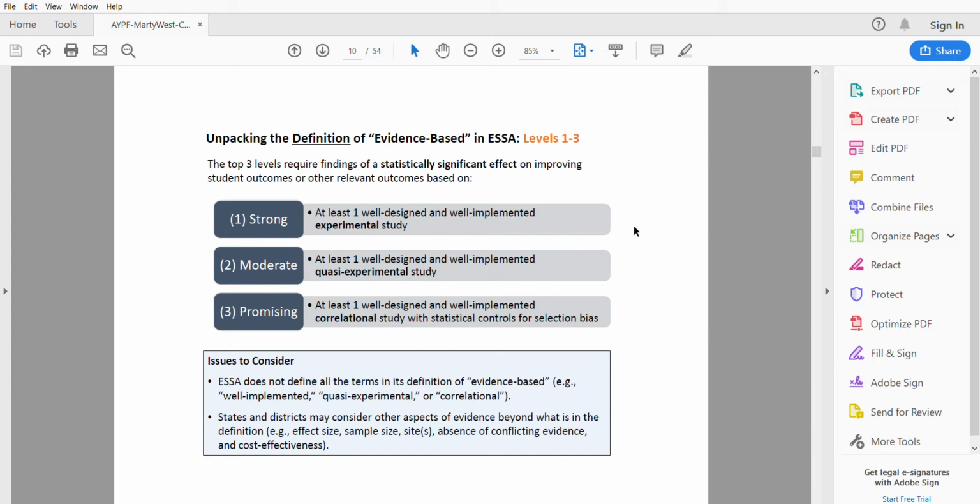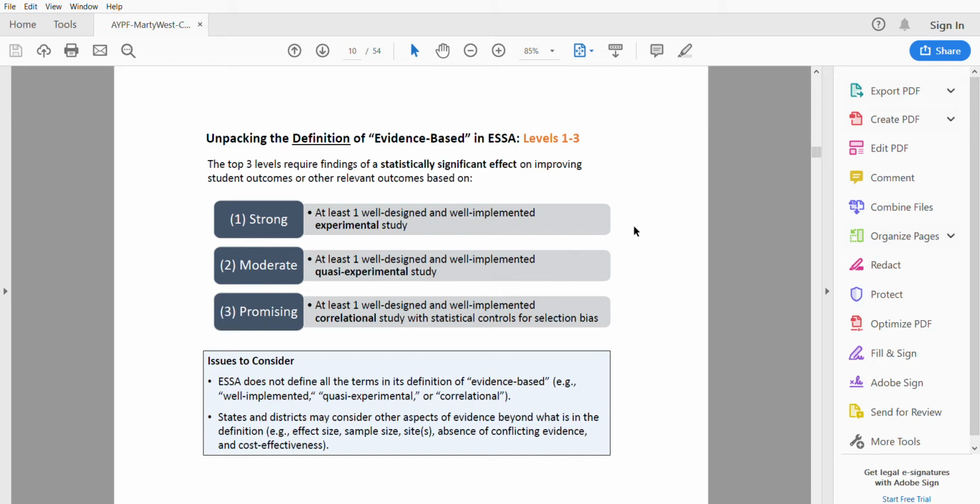But in general, a quasi-experimental study means a study which does not use random assignment. So it's not strong evidence. However, it uses techniques that are designed to detect causal effects, even in the absence of random assignment. If those are interesting to you, there are classes here at the School of Education and elsewhere which introduce you to some techniques for detecting causal effects in the absence of random assignment.